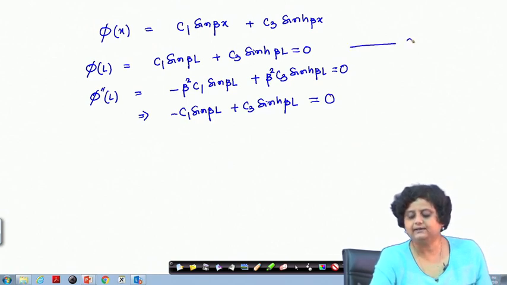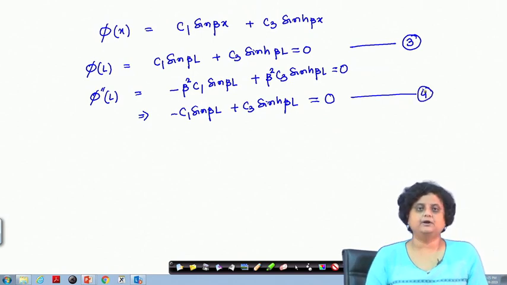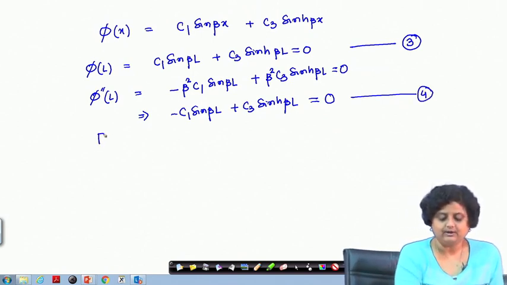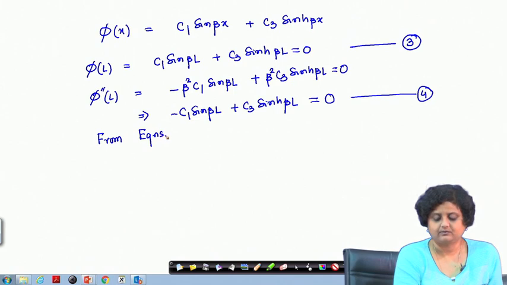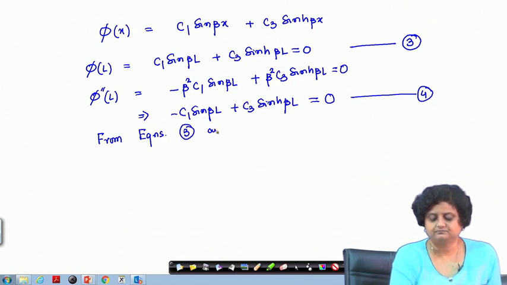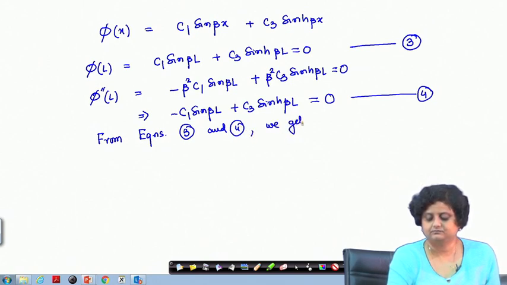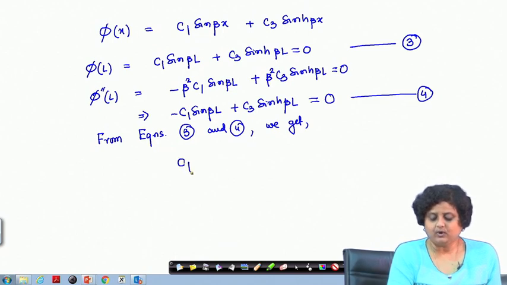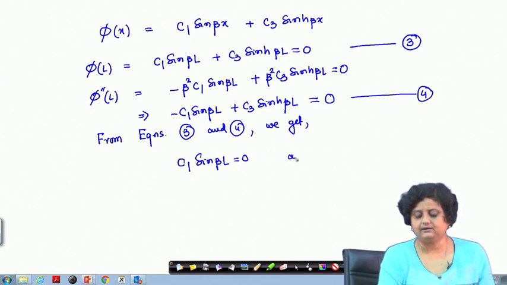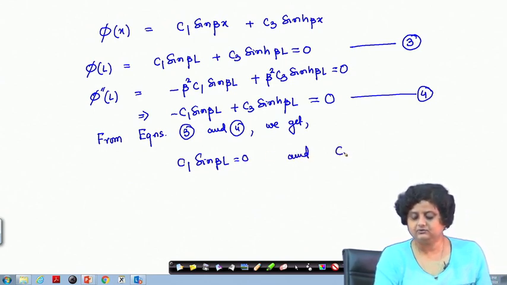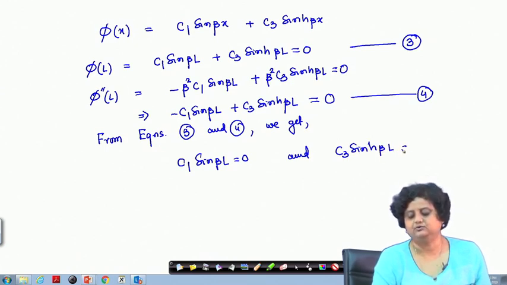So, if I call this equation 3 and this equation 4, then from equation 3 and 4 we get C1 sin beta L is equal to 0 and C3 sinh beta L is equal to 0.